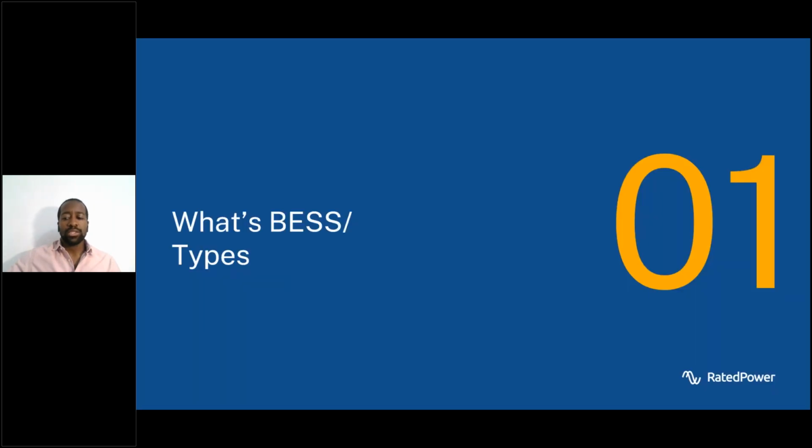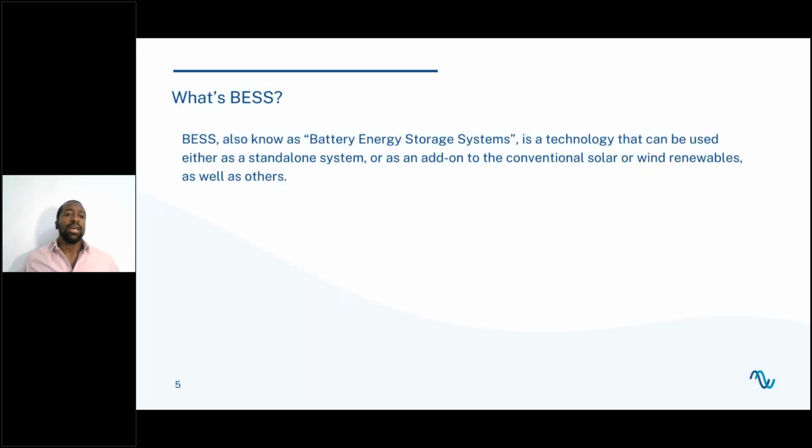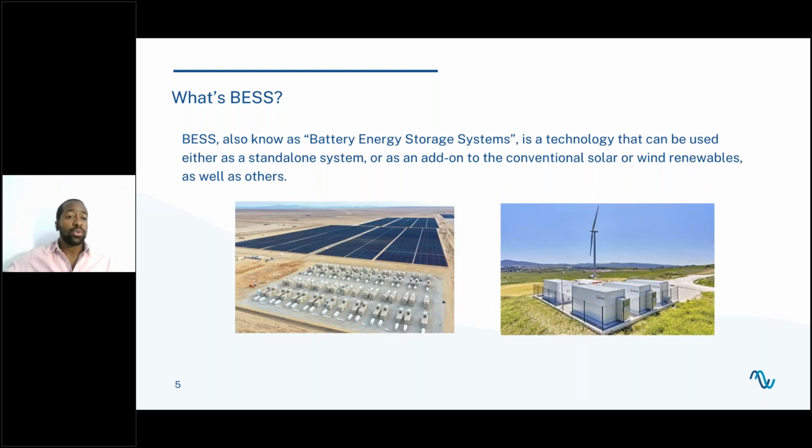And let's get started with what BESS types are. BESS, also known as battery energy storage system, is a technology that can be used either as a standalone system or as an add-on to the conventional solar or wind renewables, as well as other sources of power. I kind of skip what a battery is because we already know what a battery is.